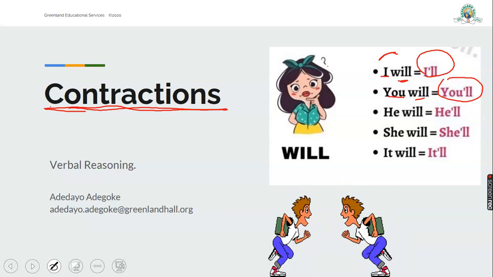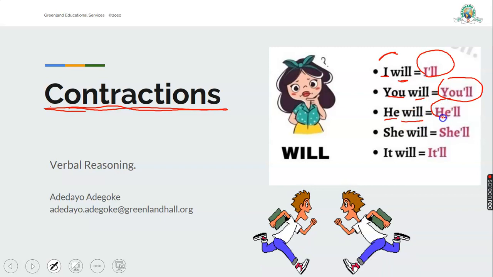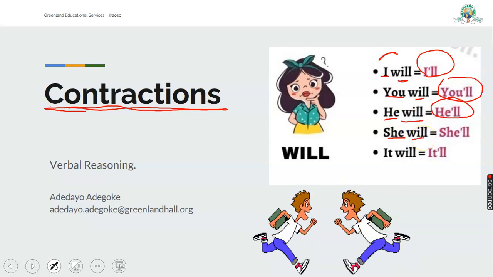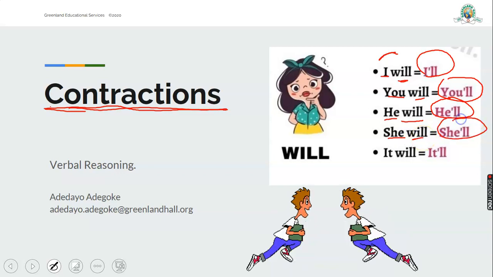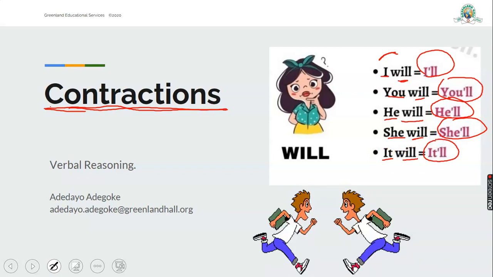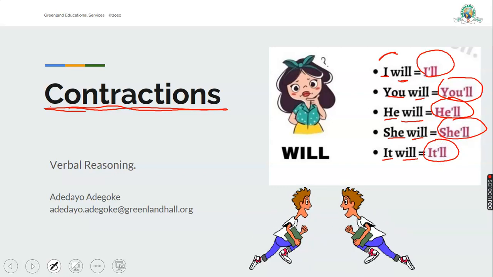You'll. We have he here, we have will. It has been shortened to he'll. We have she, will. It has been shortened to what? She'll. Then we have it and will. And it has been shortened. There are two words, but now we have only one. It'll. Okay.